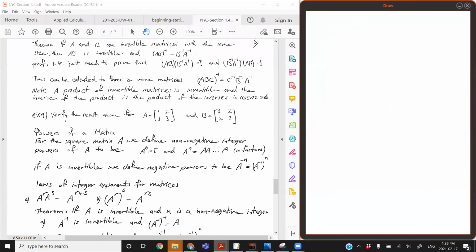Okay, then. So let's talk about the powers of a matrix. For any square matrix, we can define non-negative powers like this.